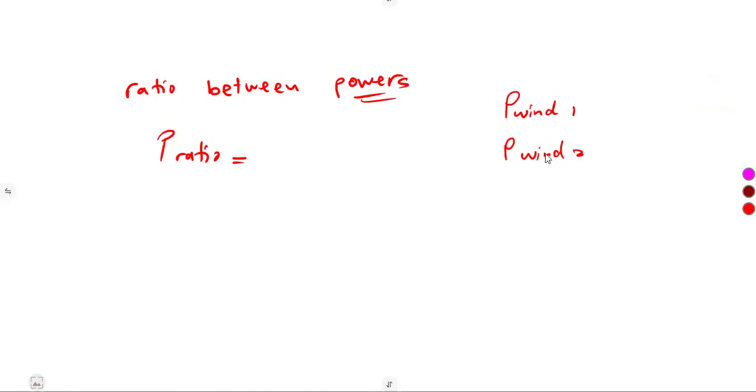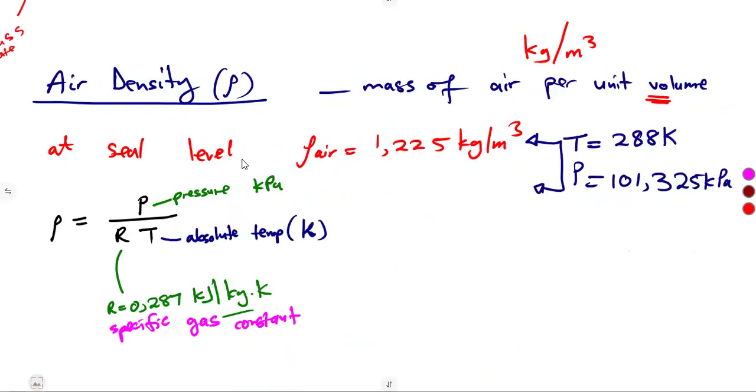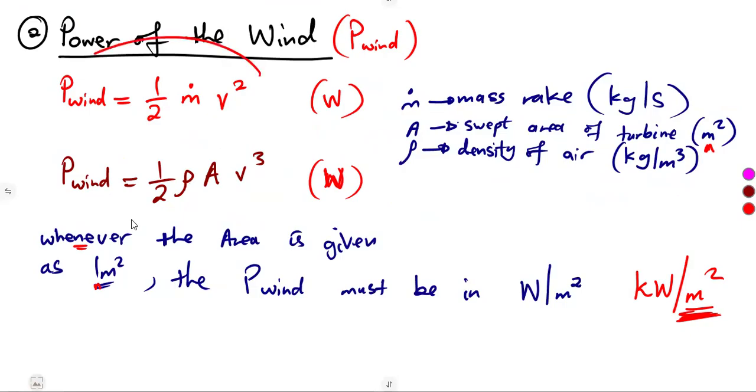The two powers give us the ratio, that is P wind 2 over P wind 1. We talked about how to calculate these powers depending on the information you are given.